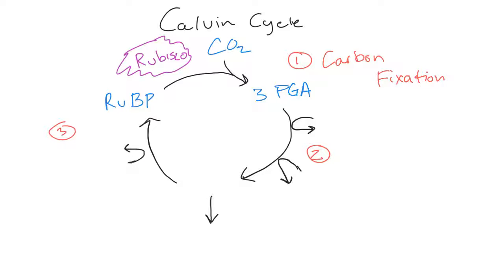We had decarboxylation in the Krebs cycle. And then we convert PGA into G3P in a few reduction reactions.